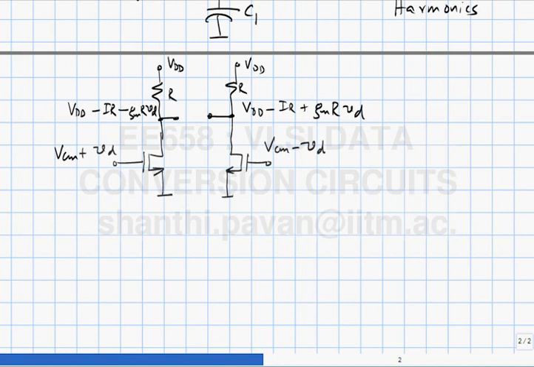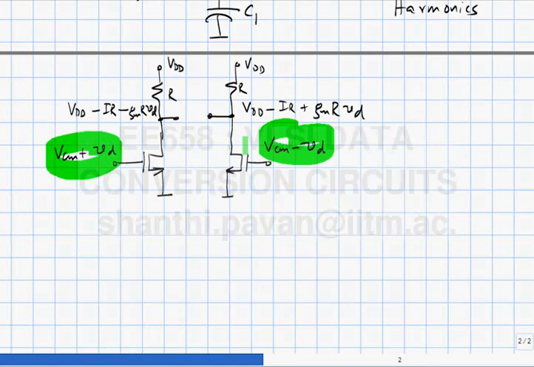Here we see that this circuit cannot distinguish between a change in the differential mode and a change in the common mode voltage. So if the input common mode voltage changes a little bit, what do you think will happen?